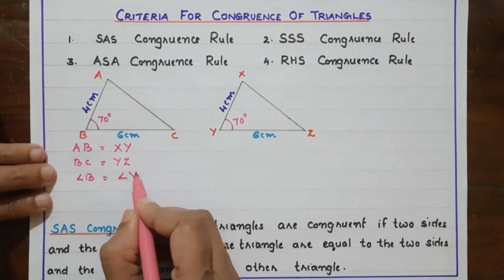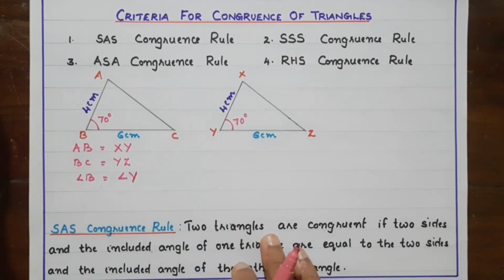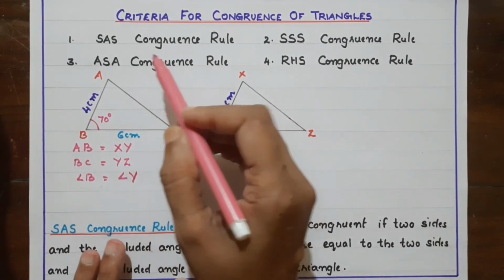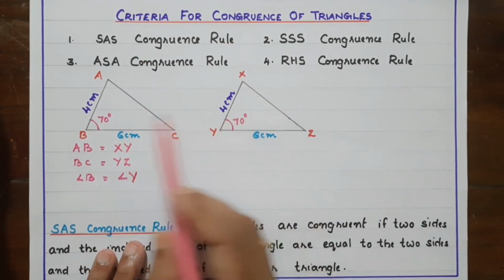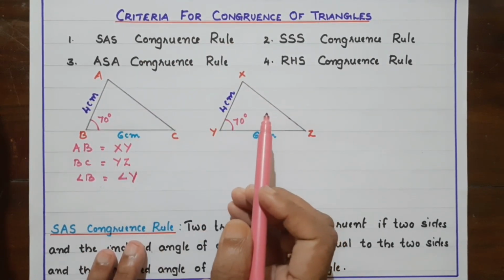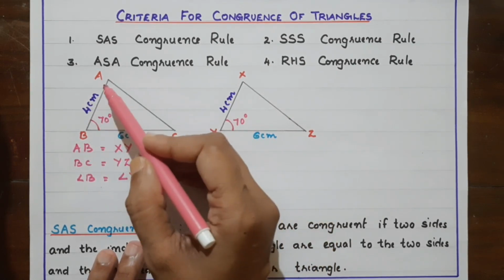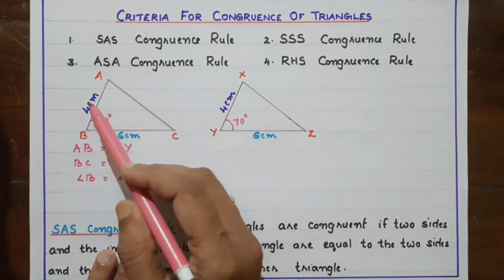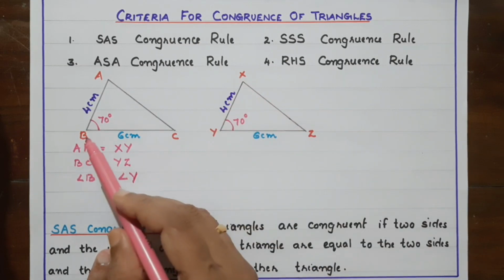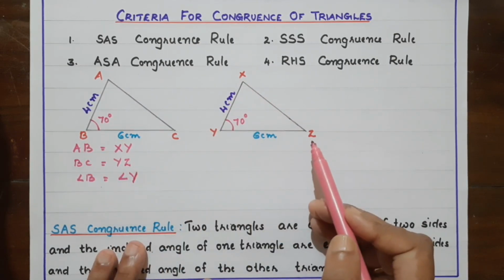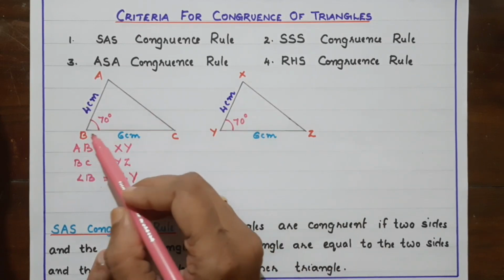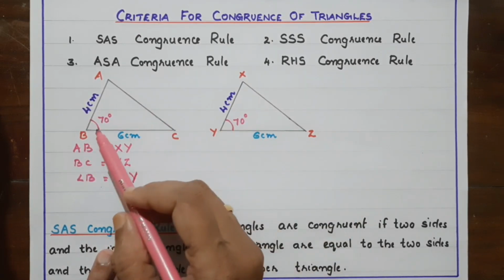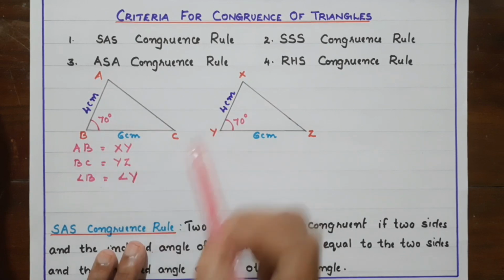Okay. Now this SAS congruence rule says, if we have 2 triangles like this, that means 2 sides, AB equal to XY, BC equal to YZ, and 1 angle which should be the included angle.